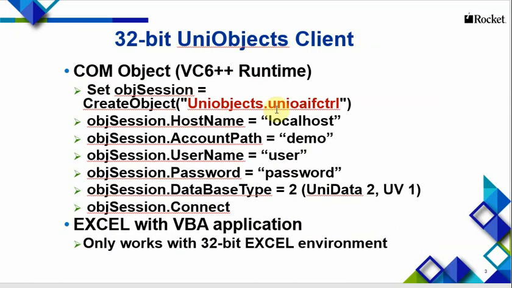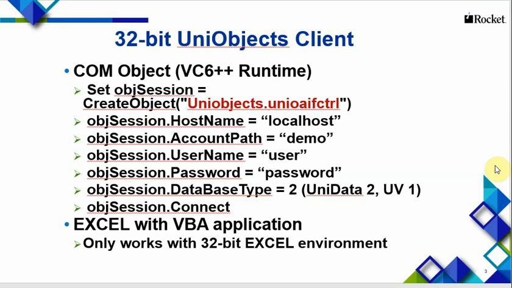From the beginning, everyone loved this product. It's called the 32-bit UniObjects client. It's pretty simple. The syntax is pretty easy. You just need to create the object, a COM object, using the registry key called UniObjects.UNIOAIFCTRL and provide the login information.